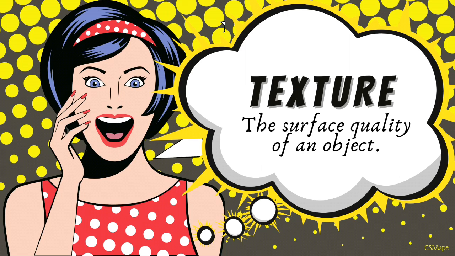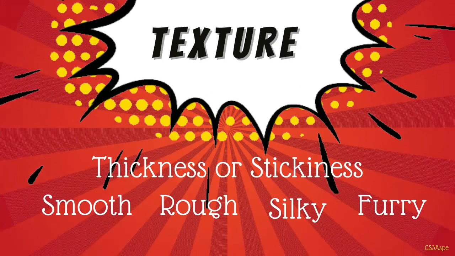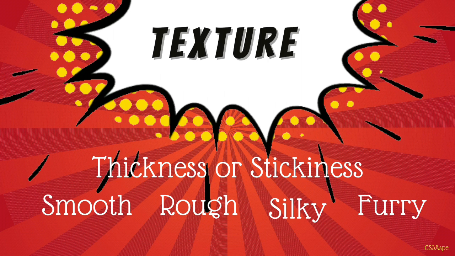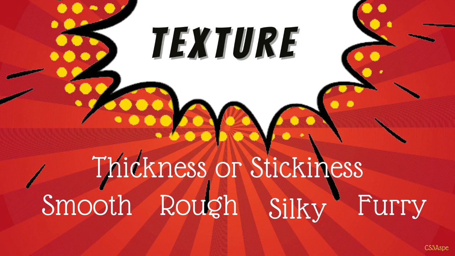Texture describes the feel or look of an actual surface. The surface quality of an object can be real or implied. Texture is the feel, appearance, thickness, or stickiness of a surface.